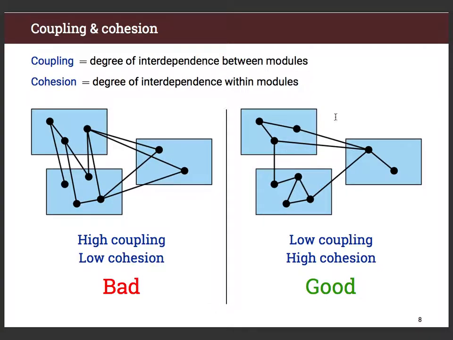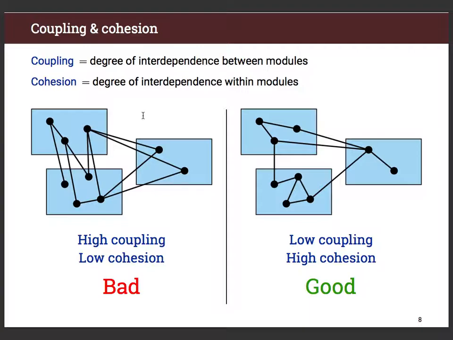Once we've done that, there is a way for these modules to interact. So there are two measures of how well you actually achieved modular programming. One is called coupling, and one is called cohesion. Cohesion means, if I look at one module, how well does it hang together?